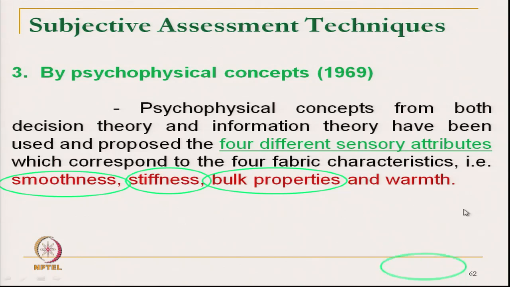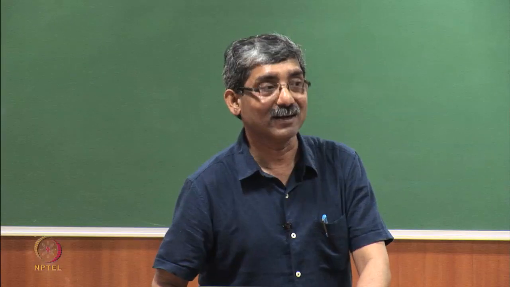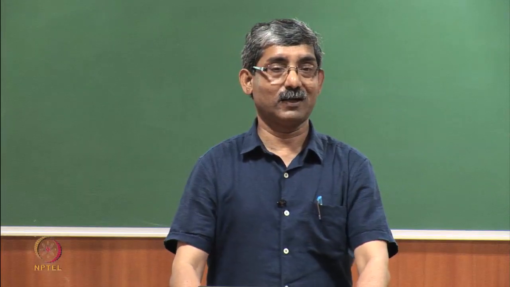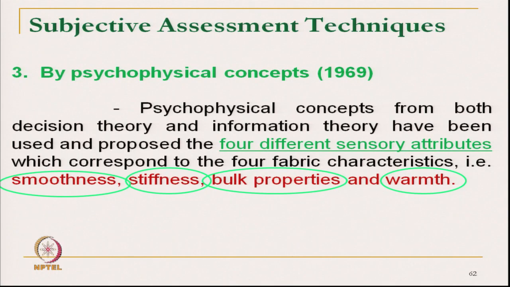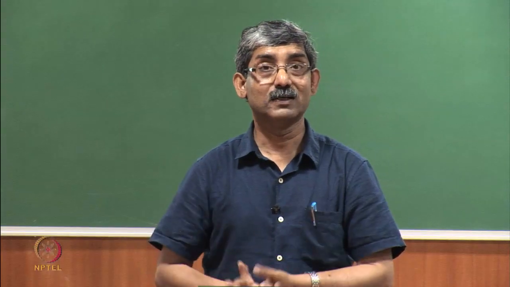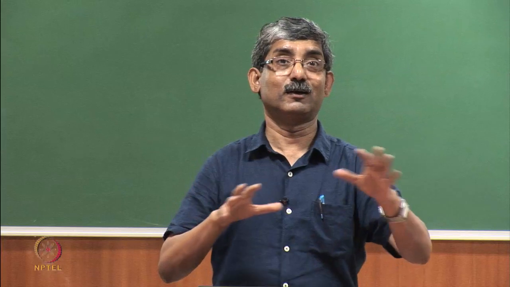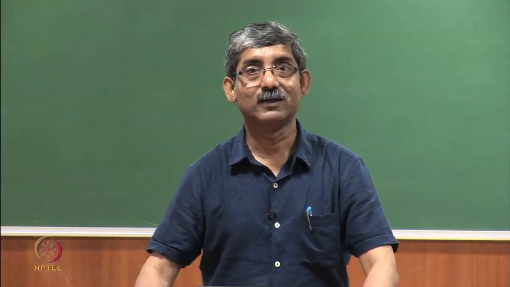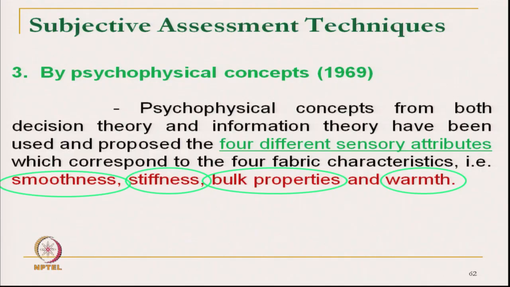Here they proposed an extra one, the warmth of the fabric. So warmness and coolness also give a direct tactile response of fabric. A fabric may be very good in tactile sensation, but if it gives very much warmness, then we may feel a little bit of discomfort. So they introduced this warmness or coolness.